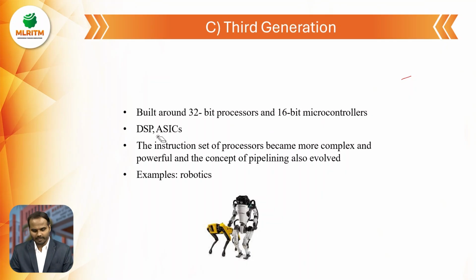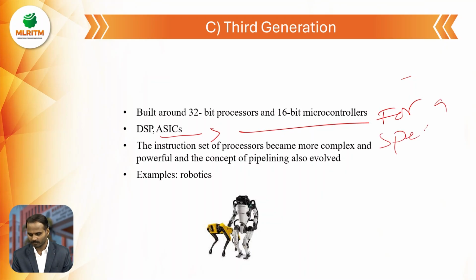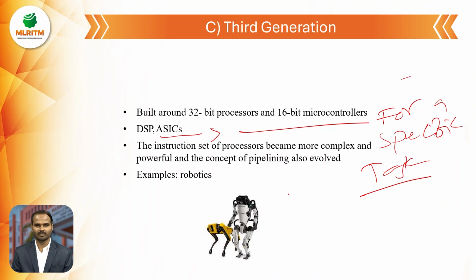Here we use DSPs, digital signal processors, as well as ASICs, application specific integrated circuits. Why do we use ASICs? For a specific task. As we know, an embedded system is a combination of hardware and software for a specific task, for a specific use only.